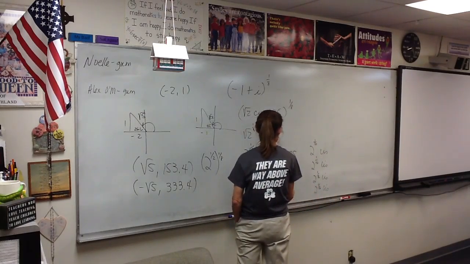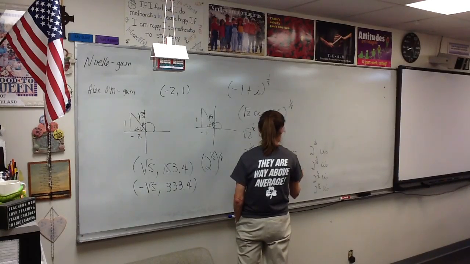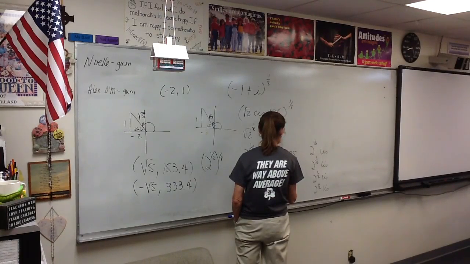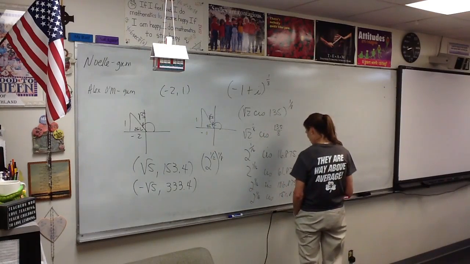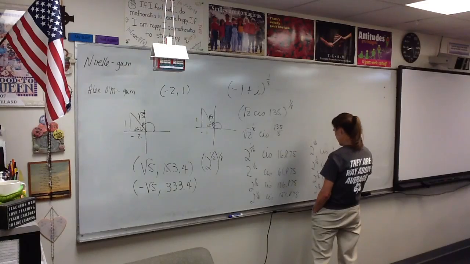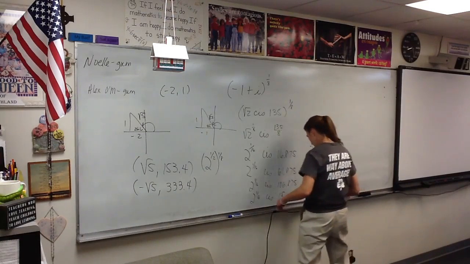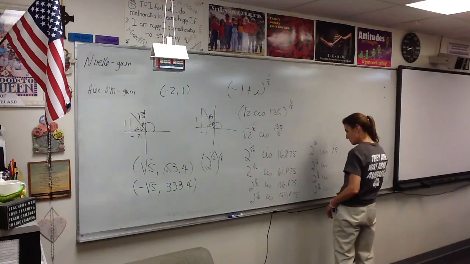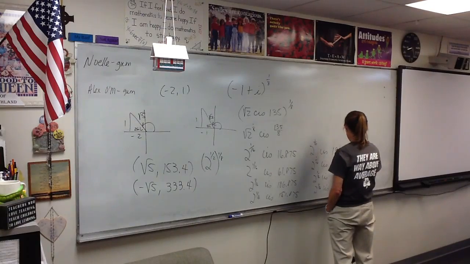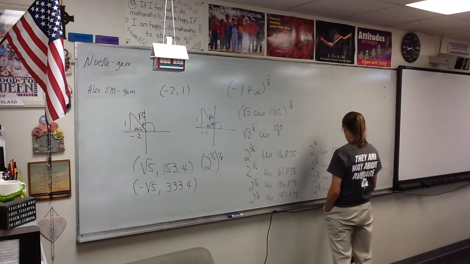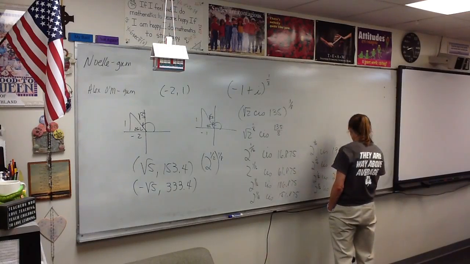So that would give us 61.875, 106.875. Keep an eye on my arithmetic. I'm doing this without a calculator. 151.875. Adding 45 would be 196.875. Just do it 8 times. 241.875. 286.875. 331.875.